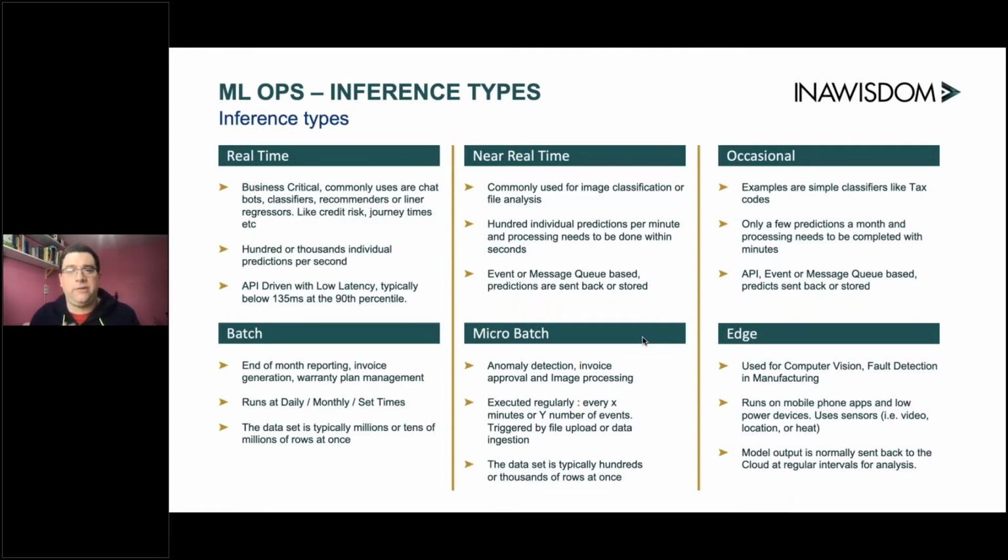If you really only use it occasionally, do you really need to spend all the effort automating, training and optimizing it? No. You need to think about the use case. But for real time, you want to think about speed, response times, lots of things like that. So spend time thinking about how your model is going to be used, and that will also drive how your MLOps use case is going to be shaped.